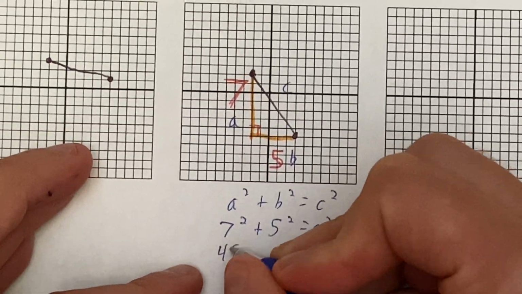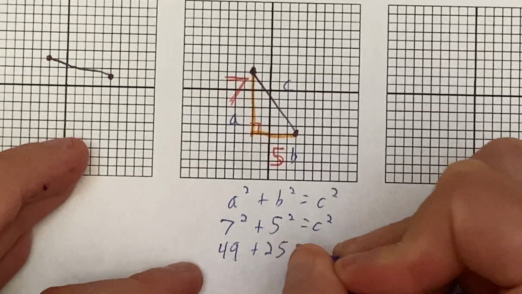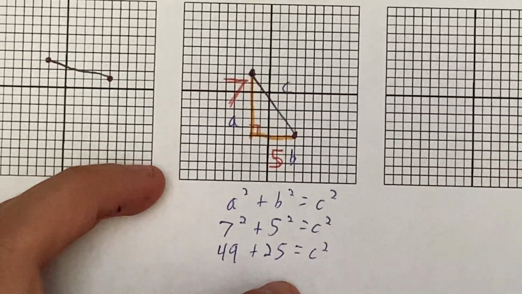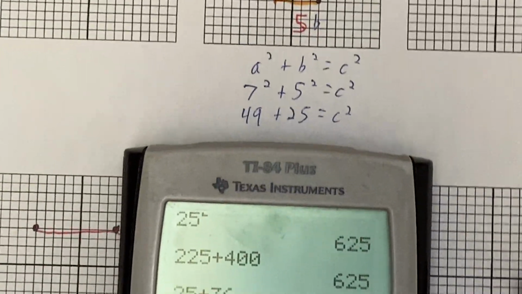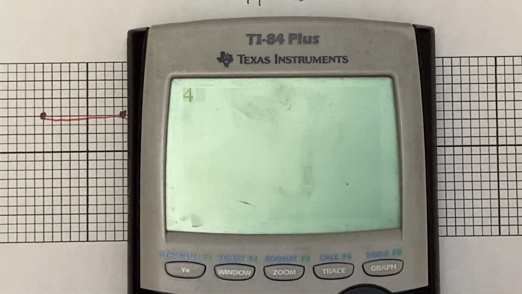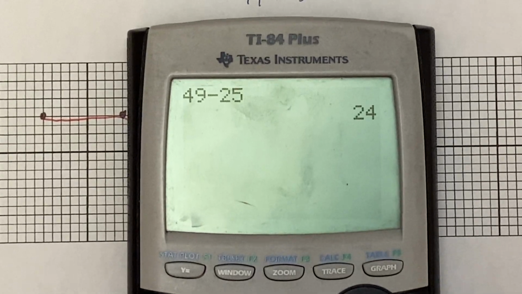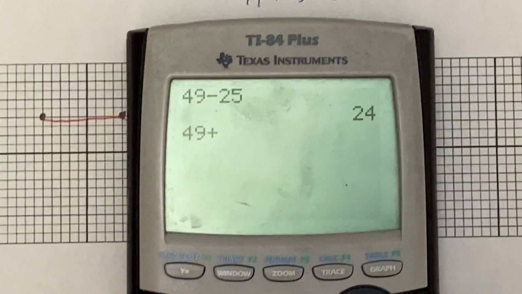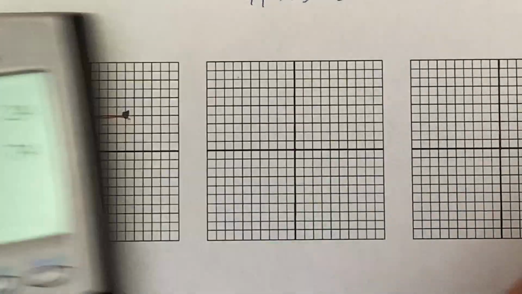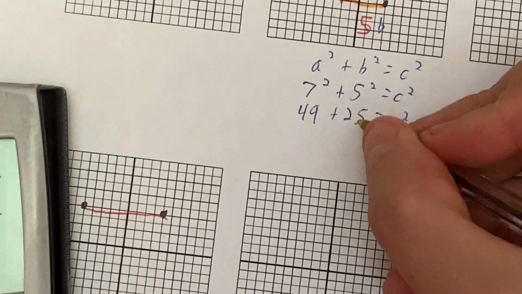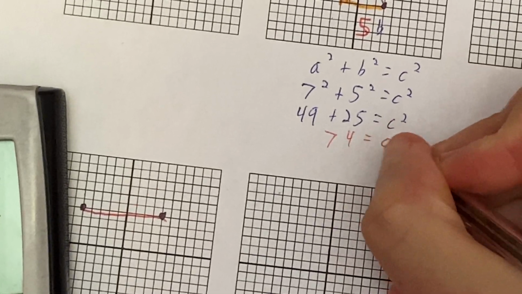This would be 49 plus 25 equals C squared. And then just take 49 and add it to 25. It looks like you get 74. So I'll go back here and say 74 is equal to C squared.